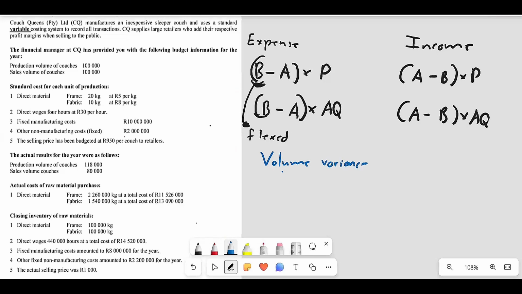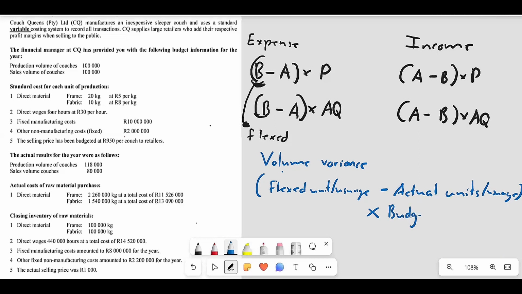Every time you calculate the volume variance, you take the flexed unit or usage minus the actual unit or usage. Then you multiply this by the budgeted price. This is key. You always multiply with the budgeted price.